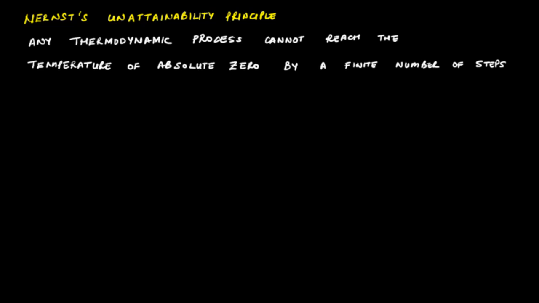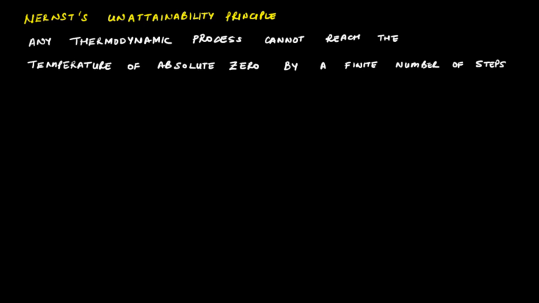Another important consequence of the third law is the Nernst unattainability principle, and this principle states that any thermodynamic process cannot reach the temperature of absolute zero by a finite number of steps.